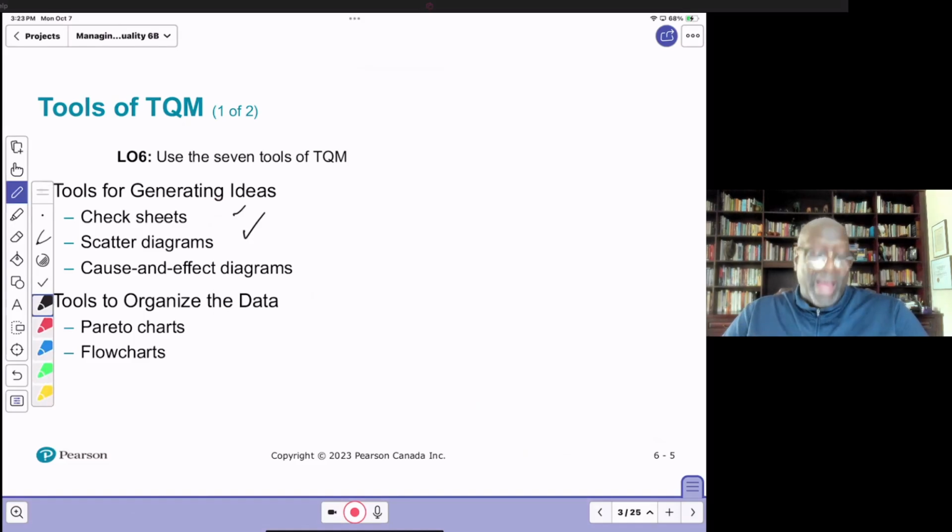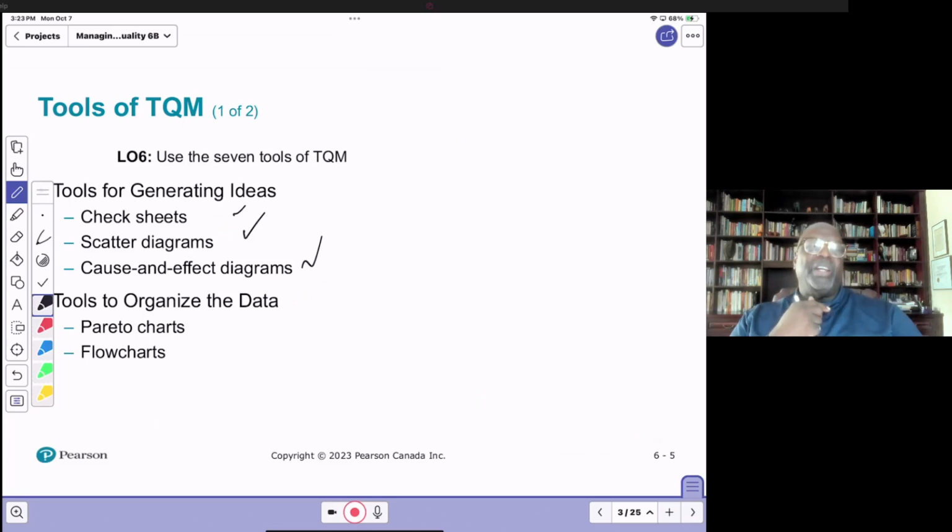Scattergrams or scatter diagrams, if you wish, and cause and effect diagrams. I like those two. A scattergram allows you to look for a relationship between two parameters, and so if you see some kind of trend or pattern in the data, it will show up.